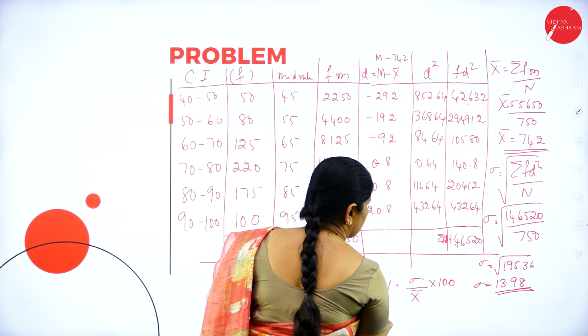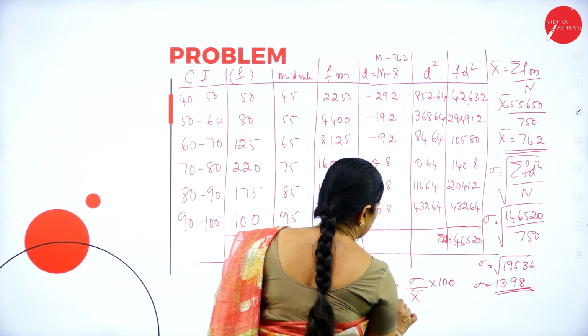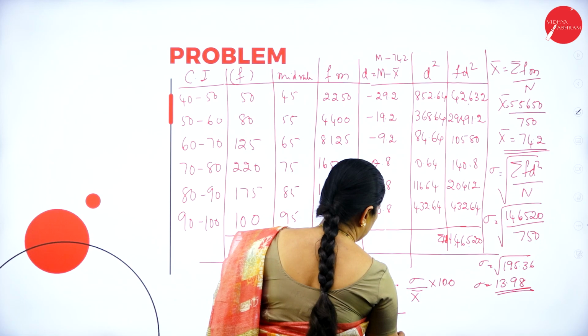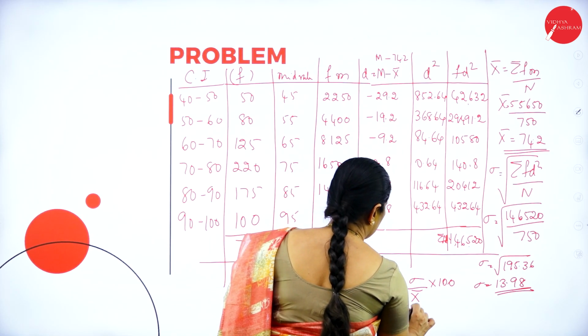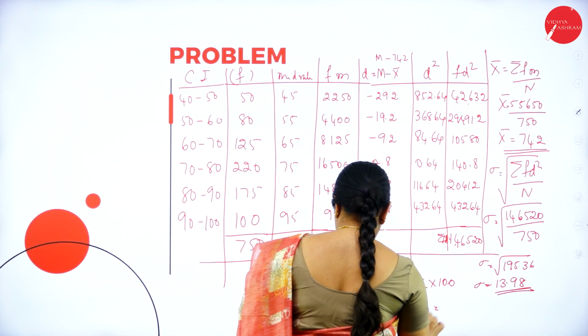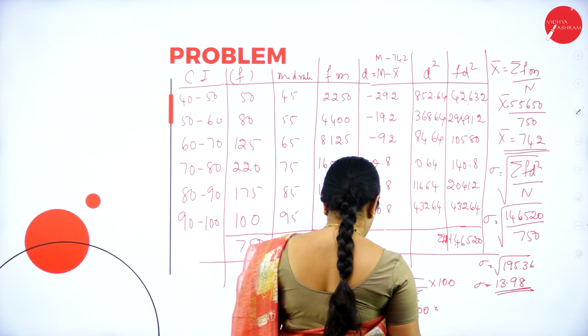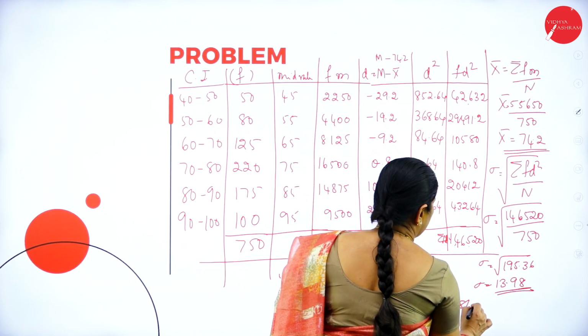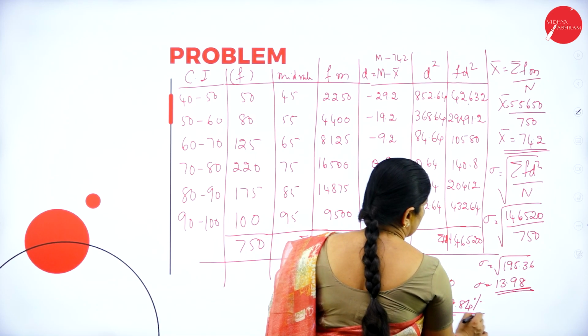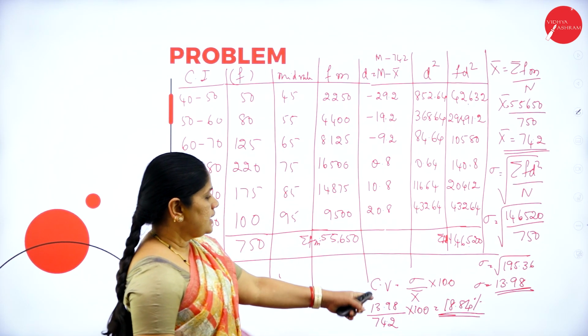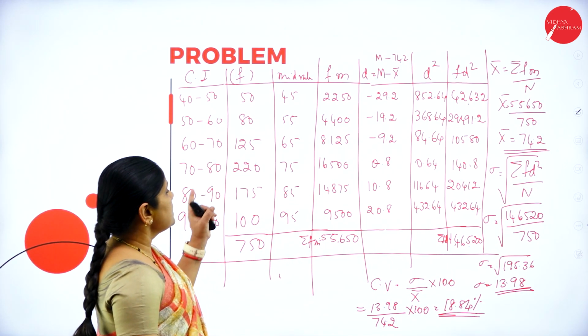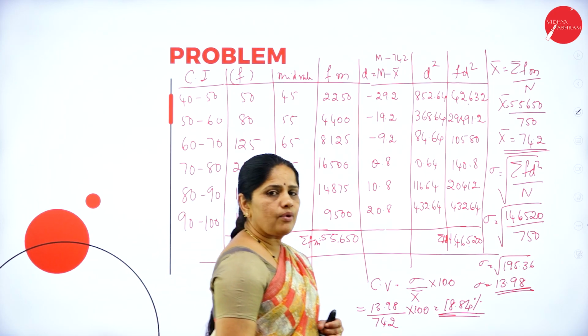So that is equal to 13.98 divided by 74.2 into 100. So that comes up to 18.84%. So this is the answer. So 18.84% is the coefficient of variation for this problem.